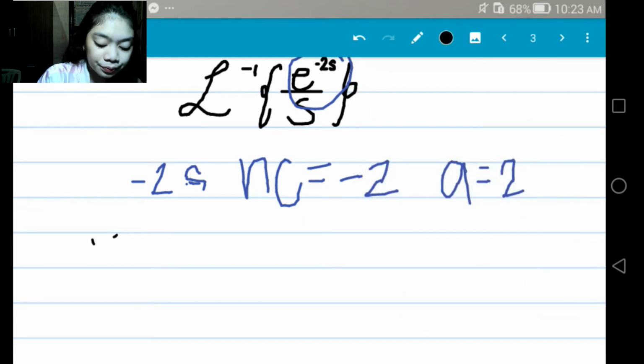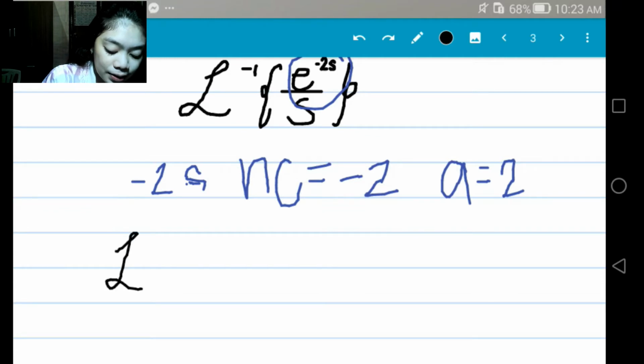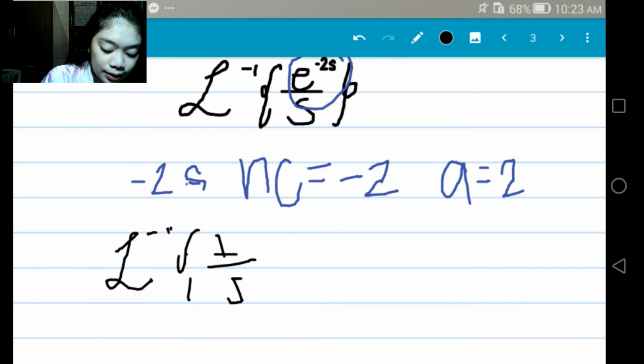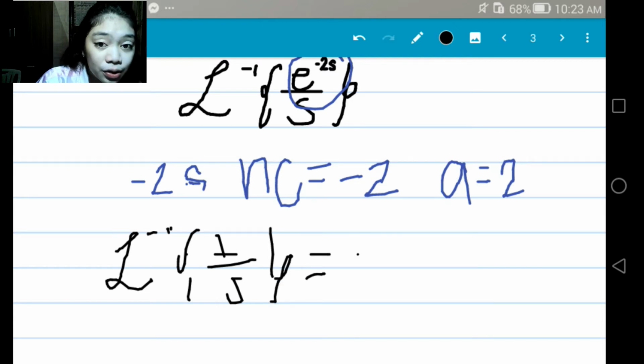So, we just have to get the Laplace inverse of 1 over s. Like earlier, the Laplace inverse of 1 over s is simply equal to 1, right?